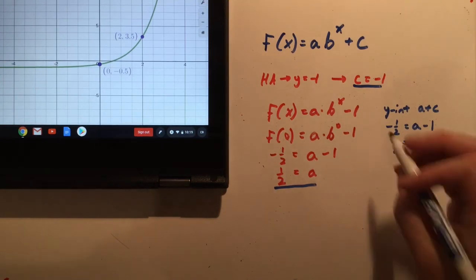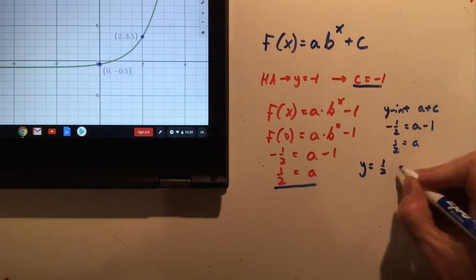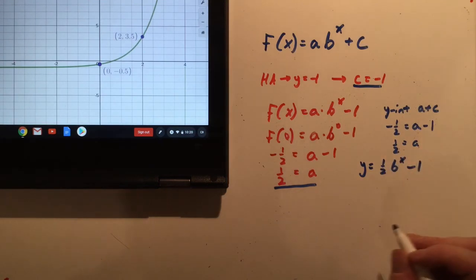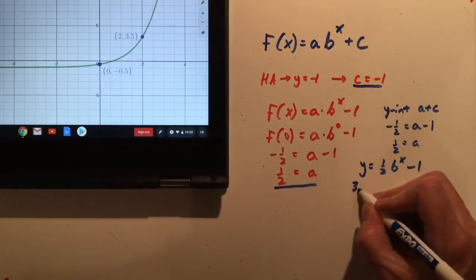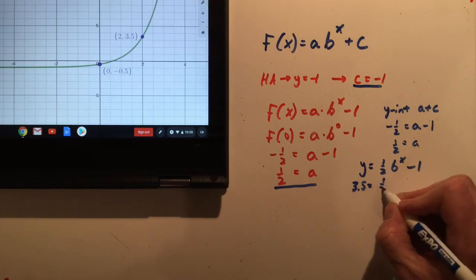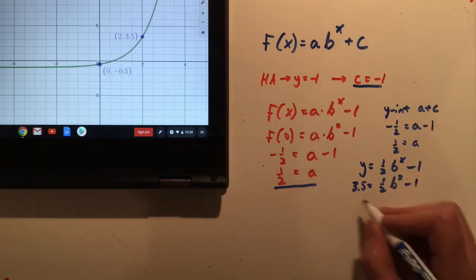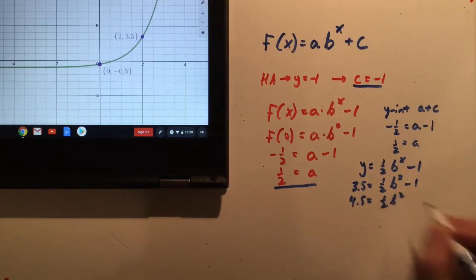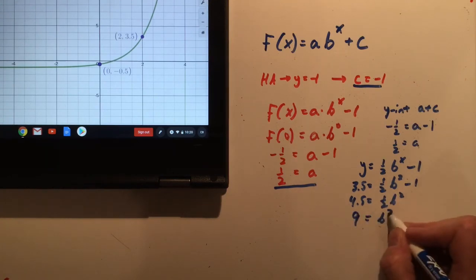And now I only have one thing left to figure out, because I have y equal 1/2 times b to the x minus 1. And I have this extra point here, (2, 3.5). So I put a 3.5 in for y, a 2 in for x, adding 1 to both sides, multiplying both sides by 2, I get 9 is equal to b squared.